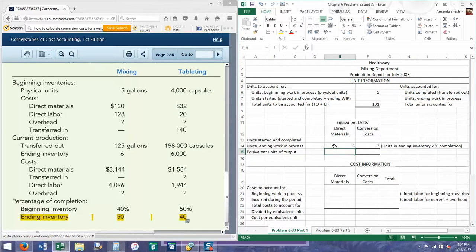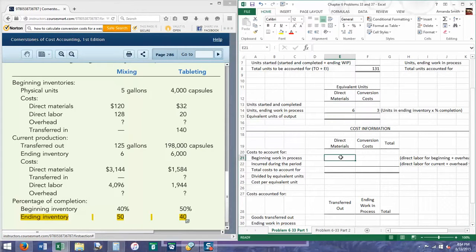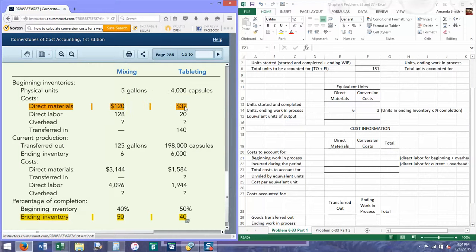I don't want to give you how to complete the problem, so I'm just going to give you hints on how to complete it correctly. Beginning work in process. This is when we're going to look in our textbook. Beginning work in progress for direct materials is going to be our direct materials cost.